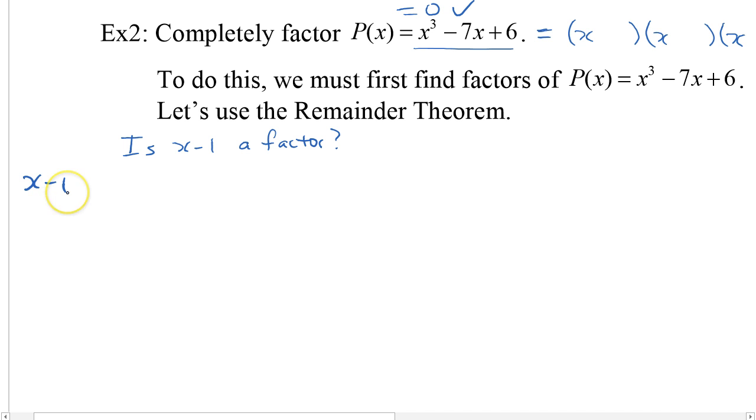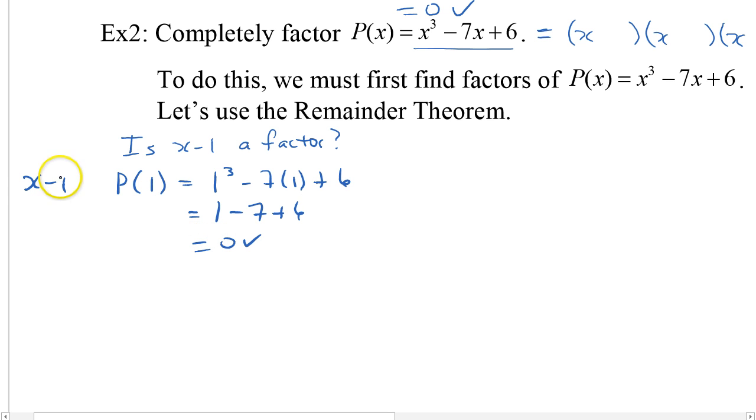I'm working on x minus 1, so my a value will be 1. So p of 1 is equal to 1 cubed minus 7 times 1 plus 6. I like to start with x minus 1 because it's so easy to do. 1 minus 7 plus 6 equals 0. Cha-ching, we found one already.